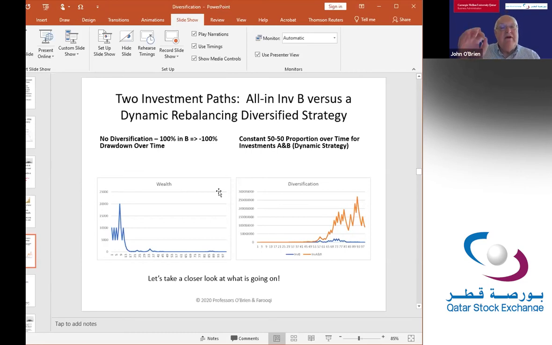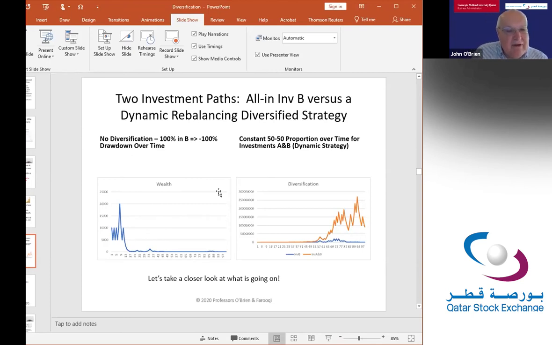But let's take a closer look. Let's put this under the microscope now, and let's see what we really mean by diversification. There are good strategies and there are bad strategies when you ignore risk management. So the right-hand side is not ignoring risk management. It's a good strategy.